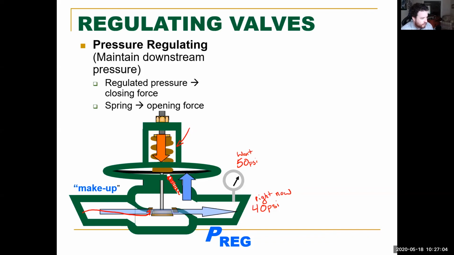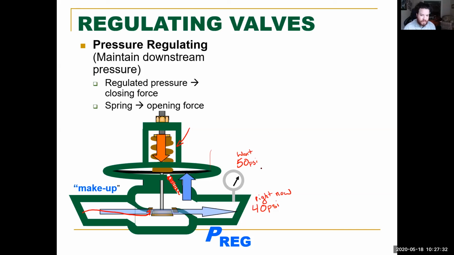What are the conditions inside? The spring is overcoming the regulating pressure, I guess. Exactly. So the spring is the opening force and the regulating pressure is the closing force.